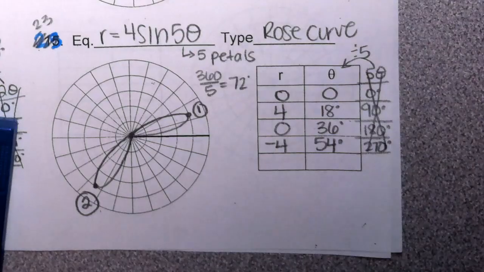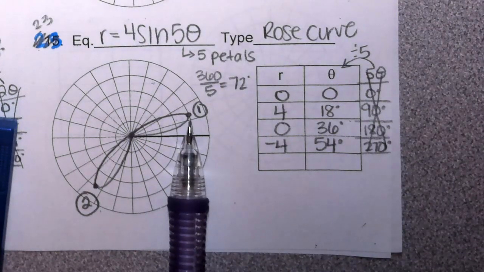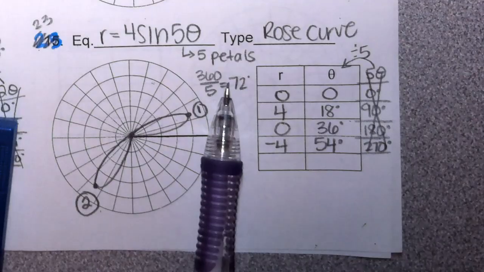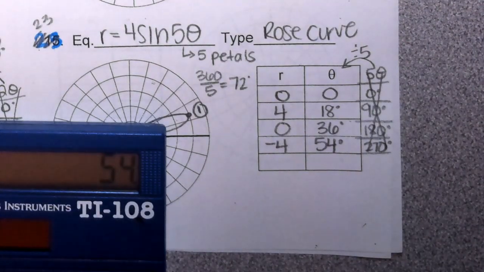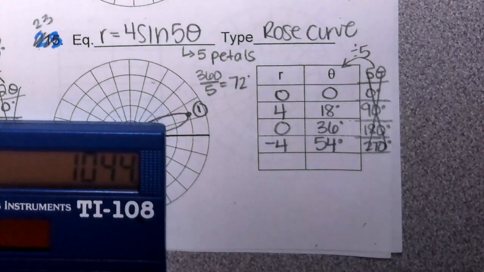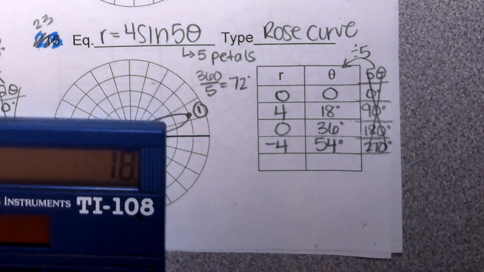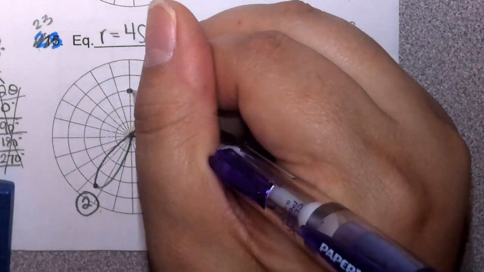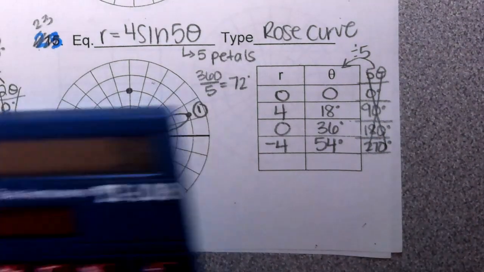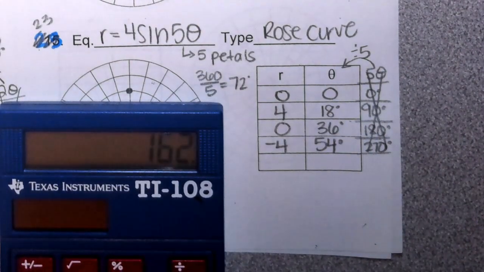Do the math. Don't you agree I'm at 18 degrees? What do I know about each petal? They're 72 apart. So what is 18 plus 72? There's going to be a petal at 90 degrees. Plus 72.